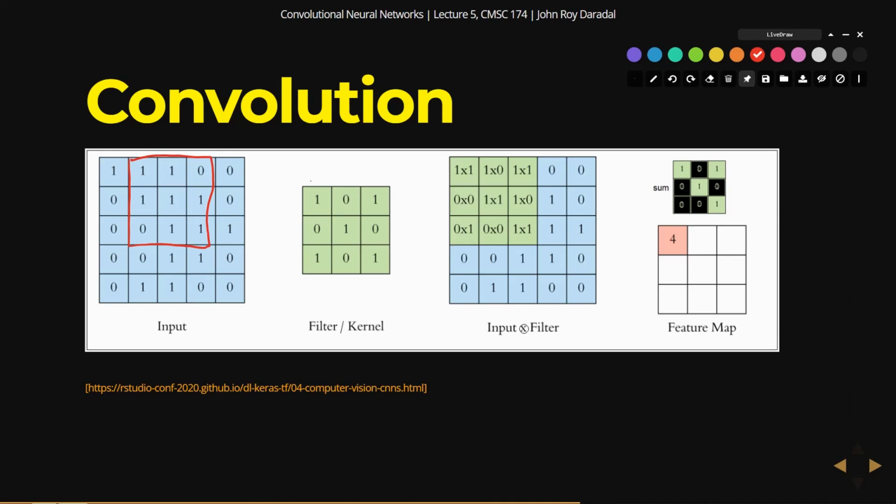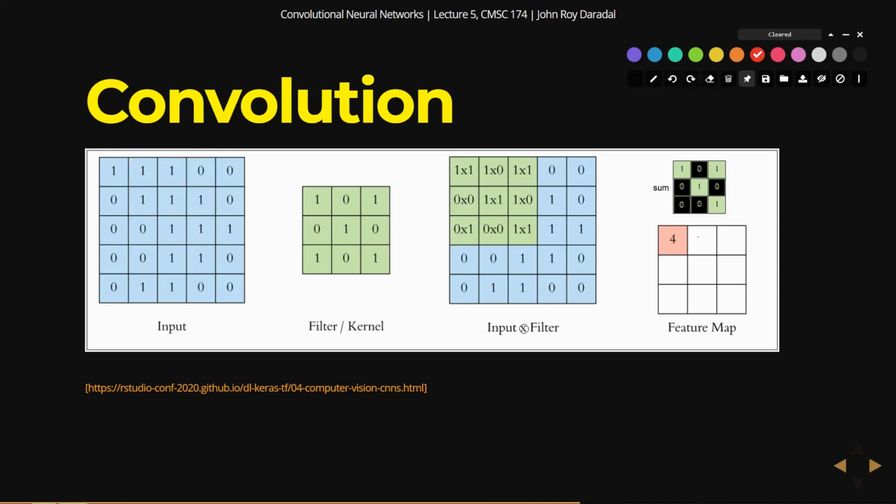So that's 1 times 1, so there's 1 times 0, 1 times 0 is 0, 1 times 0 is 0, then 1 times 1 again, so there's another 1, there's a 0 here, 0 here, and another 1 here. So that is 3. Sum is 3, so we'll have 3 here. Okay, and then do that again for the next window.